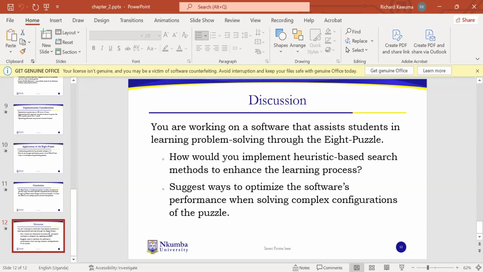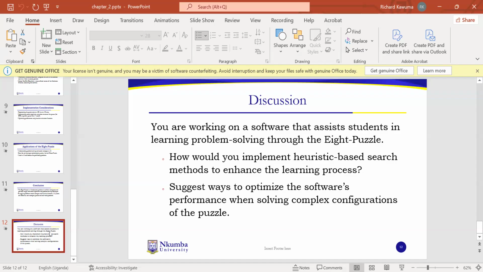We have something to discuss there. Can someone read for us that discussion element? You are working on a software that assists students in learning problem solving through the 8 puzzle. How would you implement heuristic-based search methods to enhance the learning process? Suggest ways to optimize the software's performance when solving complex configurations of the puzzle.